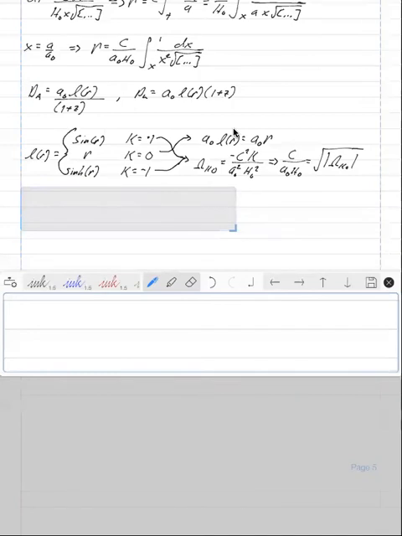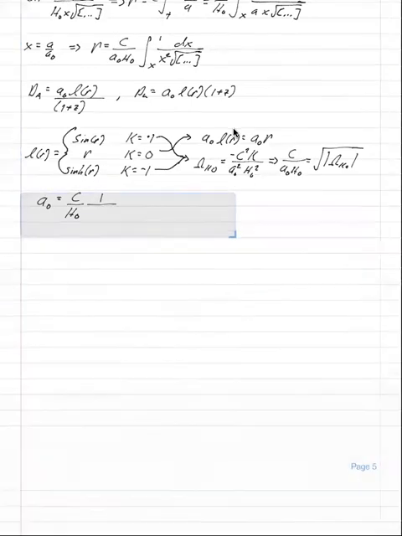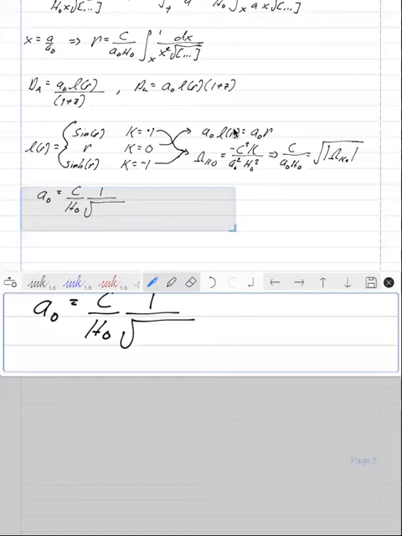So let's see, for example, a0 is equal to c over H0 divided by the square root of the absolute value of omega k0.